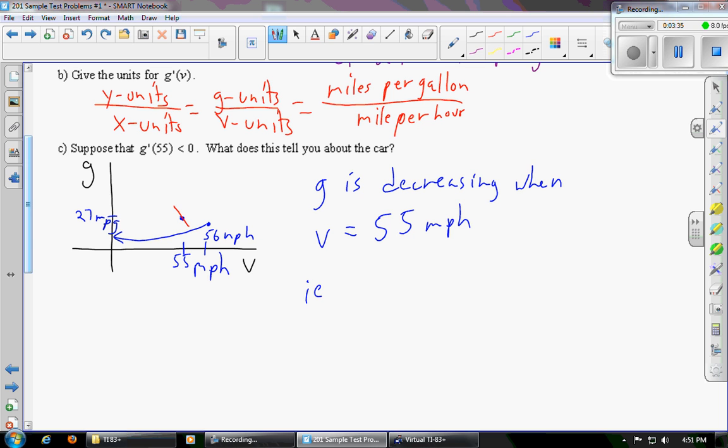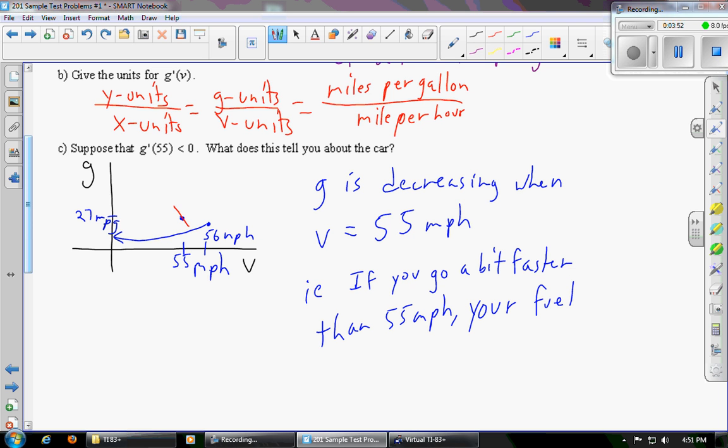Said another way, if you go just a bit faster than 55 miles per hour, your fuel efficiency is going to suffer. And in particular, it will be less than the 27 miles per gallon that we had given up above.